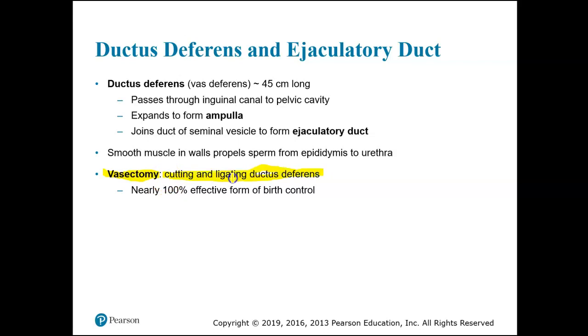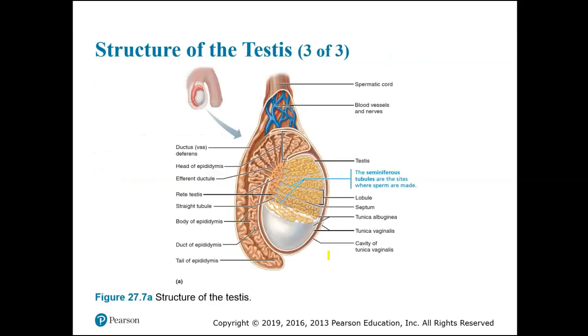It is almost 100% effective form of birth control. So it's a wonderful option for couples, you know, personal choice and all that, but it's a really good option for married couples who've had all the children that they would like to have.